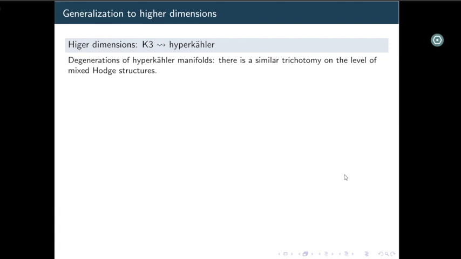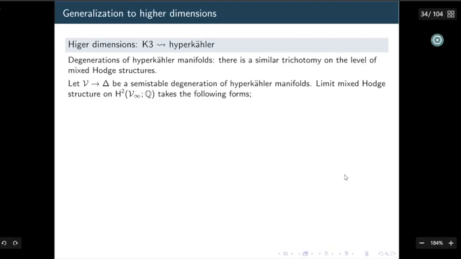The basic idea, going back at least to Verbitsky, probably earlier, is that if you want to study the cohomology of a hyperkaehler variety, most of that is going to be determined by what happens in H2. So describing H2 of the degeneration of a hyperkaehler variety should give you enough information to talk about the rest. Okay, so let's take a semi-stable degeneration of hyperkaehler manifolds.